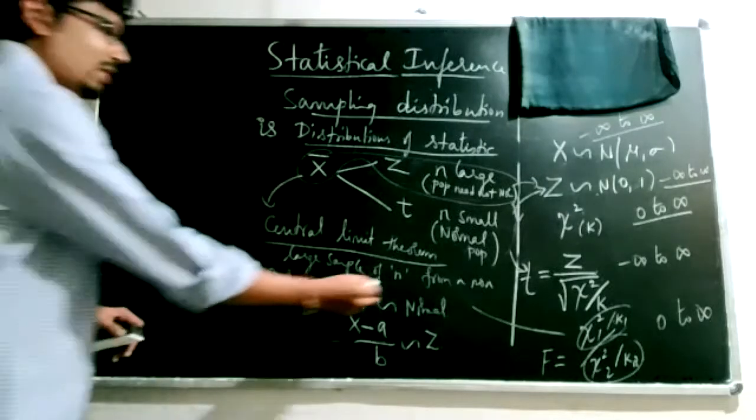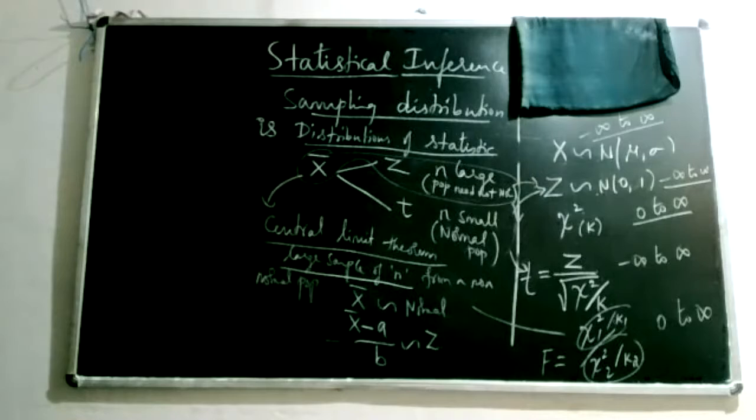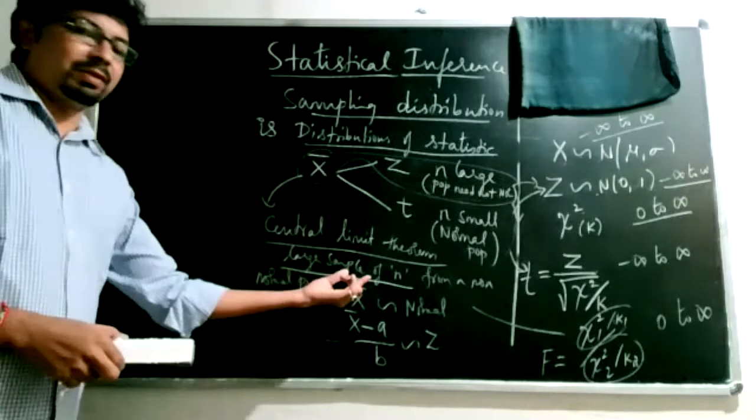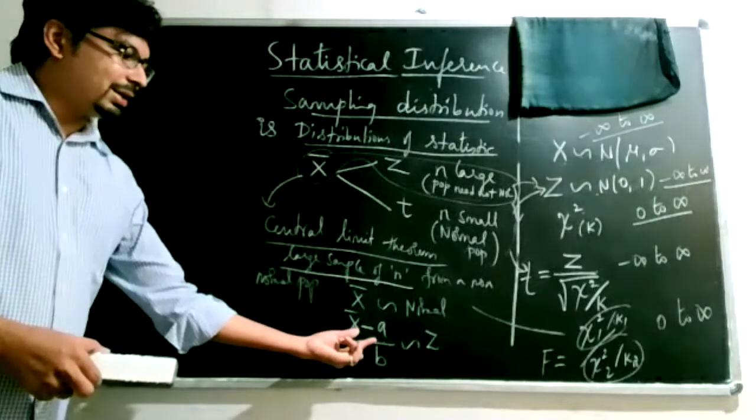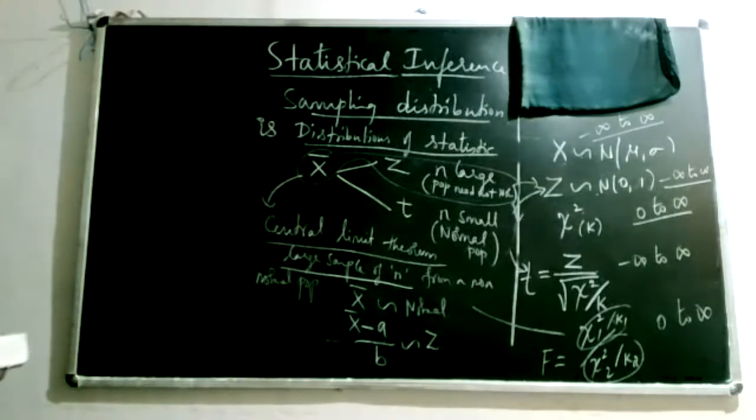This happens when your n is large. That's why many researchers insist on selecting larger samples so that this easily happens and you can talk about various such distributions.